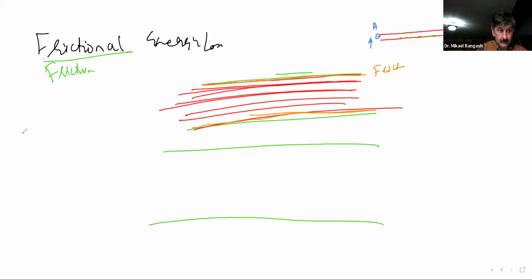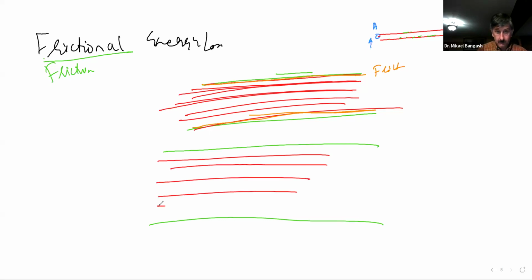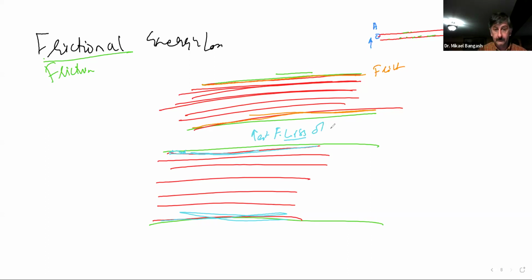So this was your blood vessel, and there was the blood flowing here. Between this blood here and this blood here, they will rub up against one another. That's going to be the greatest friction loss. But loss of what?